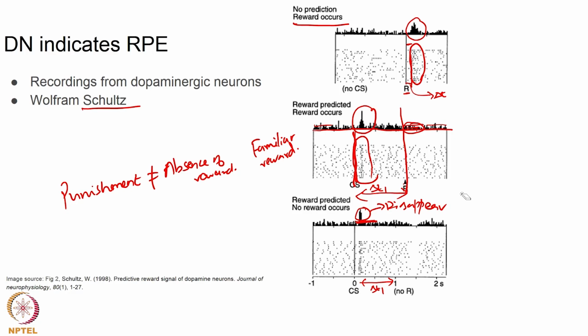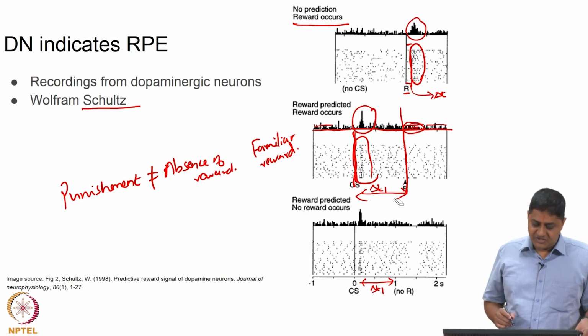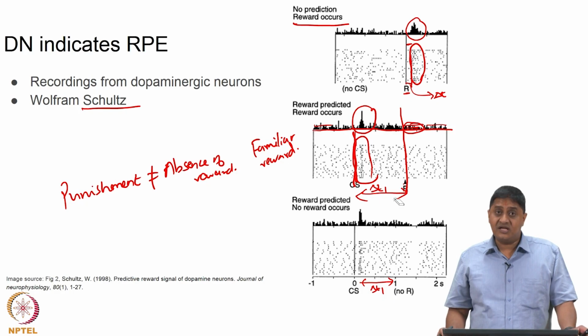Essentially what seems to happen is coding of the difference between the actual reward and expected reward, which is why it is important, at least from one point of view, to keep the expectations relatively low.